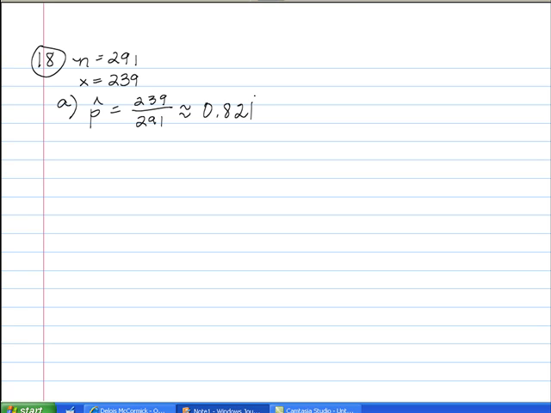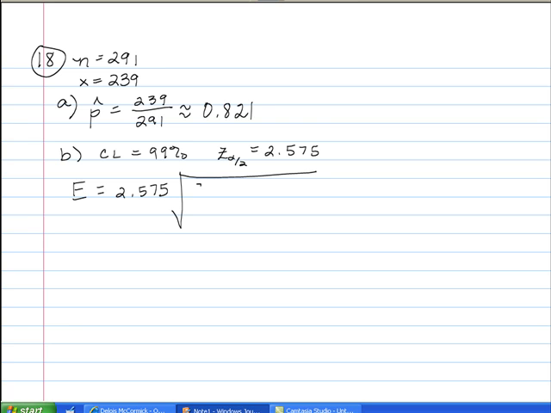Okay, 291 minus 239 is 52, over 291. This goes over that too, and this is 291. Okay, so as before, let me clear my calculator. I'm going to start with the square root. I'm going to put parentheses around my 239 divided by 291, close it, then times 52 divided by 291, in its own set of parentheses.